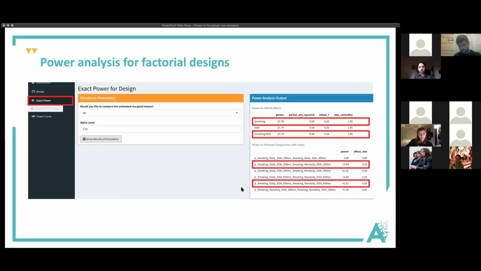Having a little play around with it, how many participants would we need in order to reach 80% power in these comparisons? Remember, we're looking for the lowest value. We want all of these to be at least 80% in terms of power. And if you have any problems, please do comment.